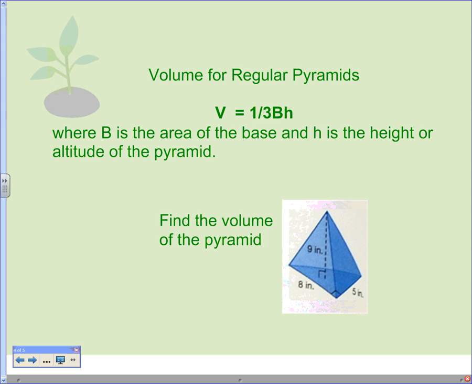Can you tell what the pyramid's base is? A triangle? Okay.